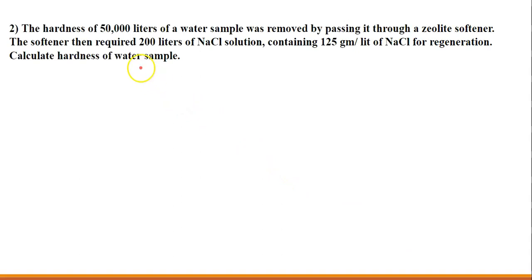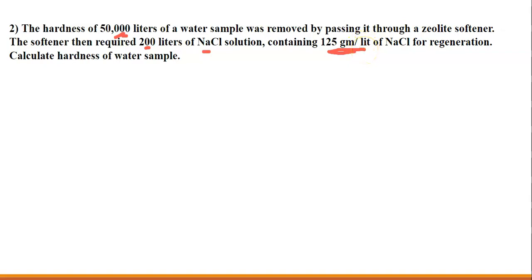In this question, you can see that the hardness of 50,000 liters of water sample was removed by passing it through a zeolite softener. So they have given the volume of water sample which was softened. Then they have given the volume of NaCl solution, containing 125 gram per liter of NaCl for regeneration. So they have directly given the strength of NaCl.